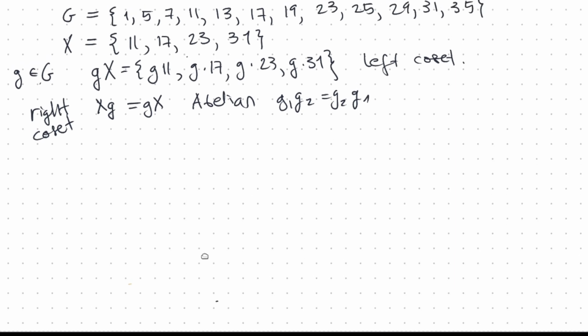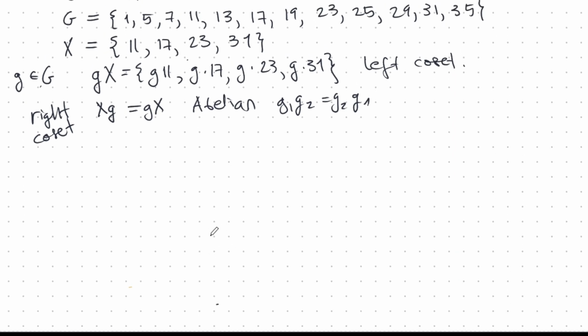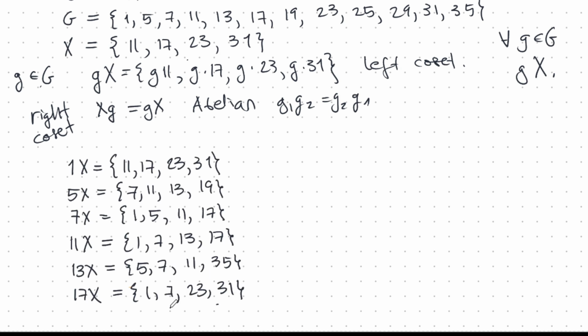So I'm going to compute all the cosets. For all g in big G, I will compute gX, the cosets of X, and I'll write all this down in a huge table here. That's the first half. Hopefully there are no mistakes. I took these elements and multiplied on the left by 1, 5, 7, and so on.